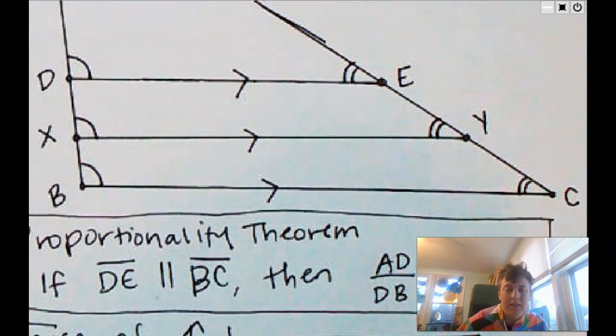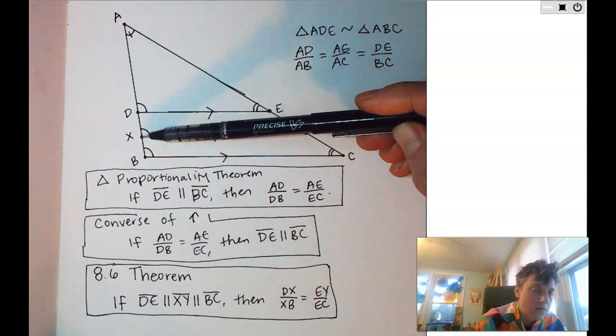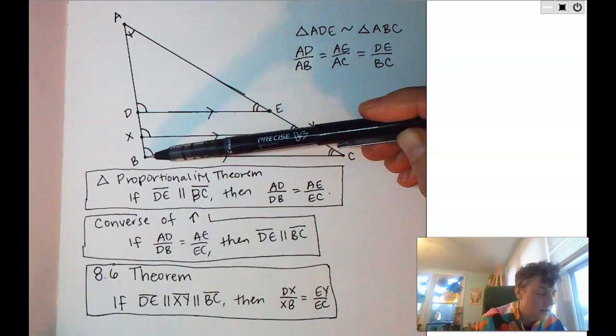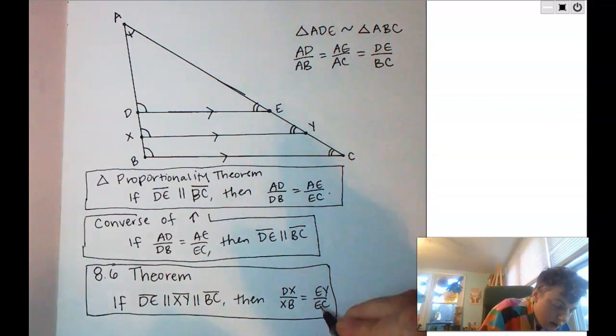The 8.6 theorem. Theorem 8.6 says if those 3 lines are parallel to each other, then DX over XB is equal to EY over, no, not EC, YC.